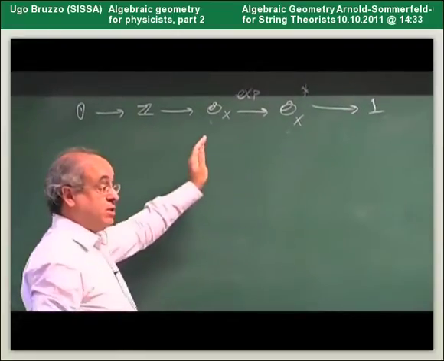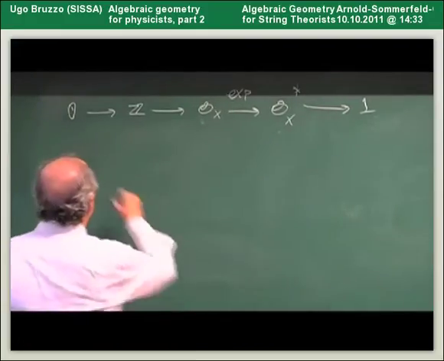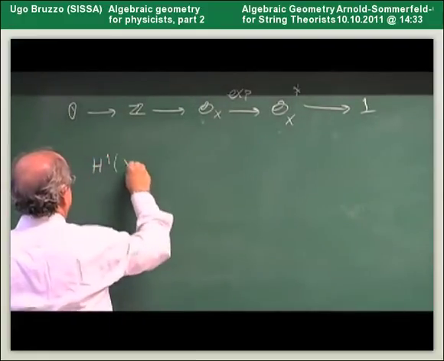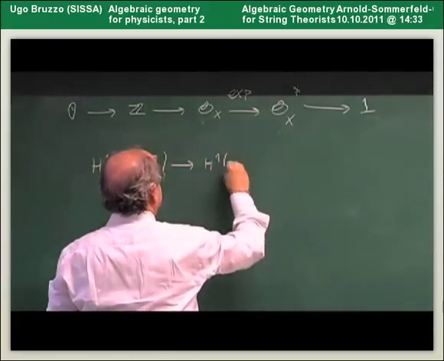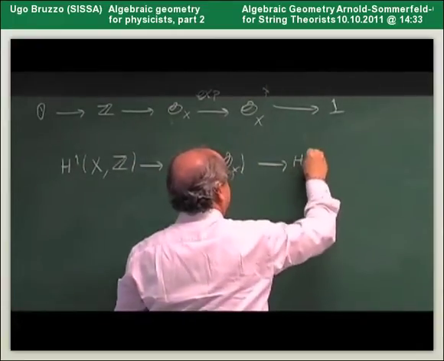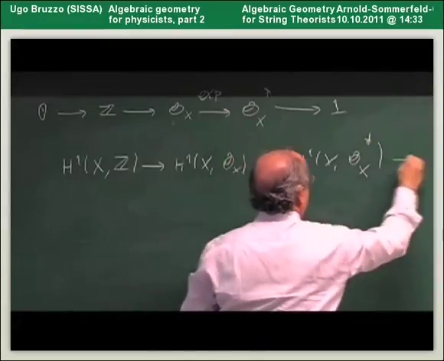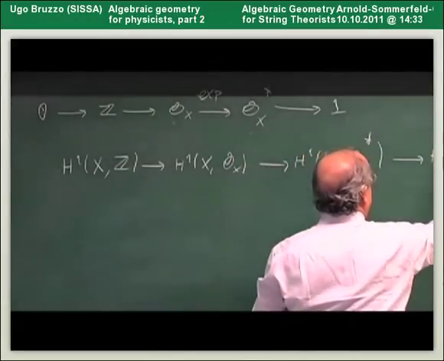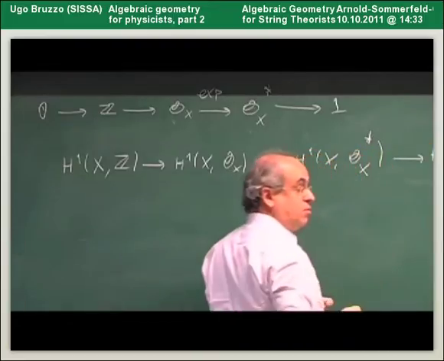And this means that we may write the long exact sequence of cohomology associated with this. Okay? And let's start from H1 of Z. This goes to H1 of O_X. This goes to H1 of O_X star. This goes to H2, sorry, of Z. This is the first connecting morphism.